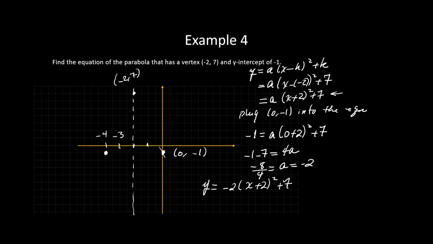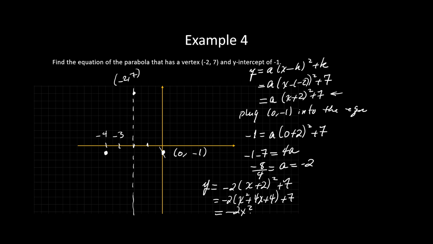And we can expand it out. Basically negative 2 times x squared. This times 2, that's 4x. Then square this one. Here we go. Negative 2x squared.